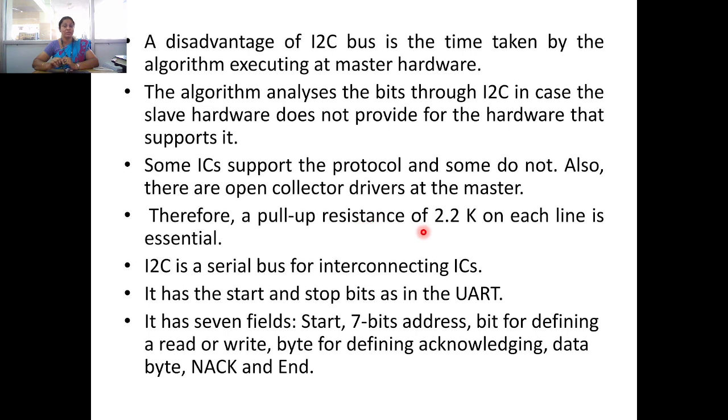These are some of the advantages, and like UART it is a bidirectional device, and it considers the 7 bits, that is the 7-bit address, for defining read and write, acknowledgement, data transfer, and whether we have a negative acknowledgement or otherwise it is the ending part.